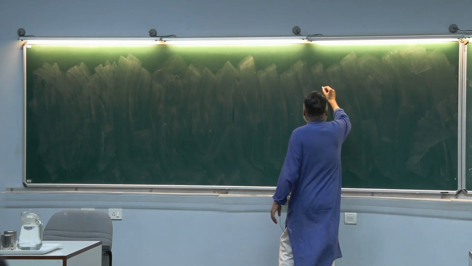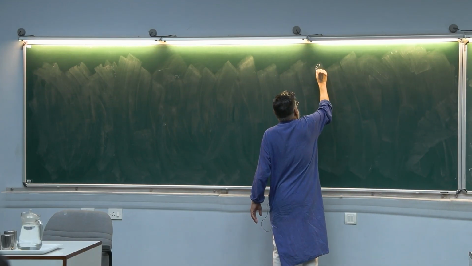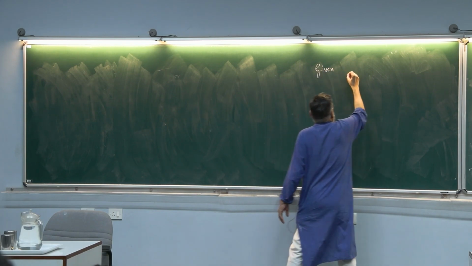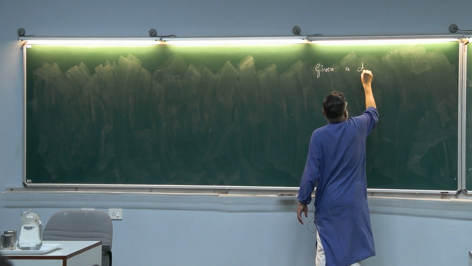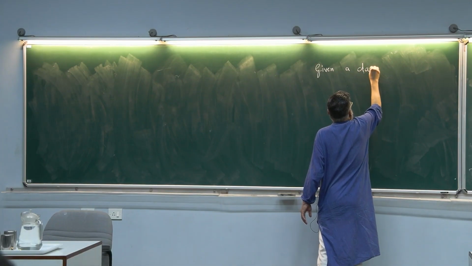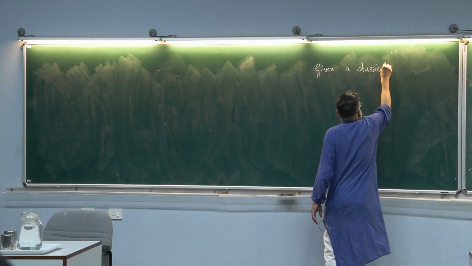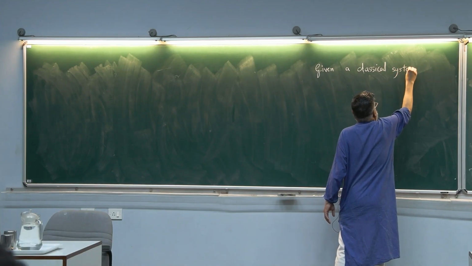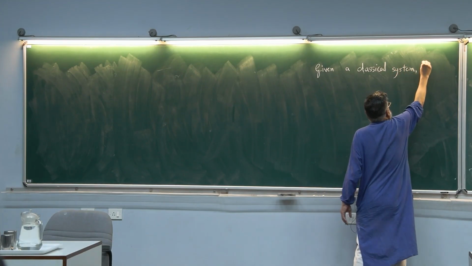So the idea is, given a classical system, how do we quantize it?